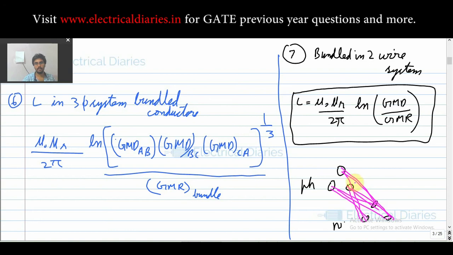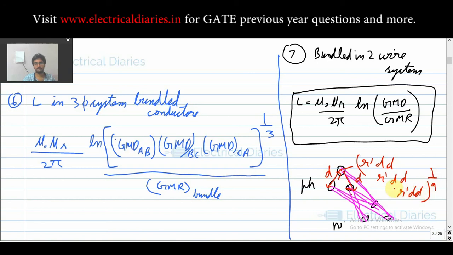And how will you calculate GMR? Just take this conductor, so it will be your R dash, then take this distance, let me say this is D, then take this distance, it is D: R dash D. This is for this conductor, then again take this conductor, again R dash D, again R dash D. And what is the power? 1 upon m square. M is 3 here, so 1 upon 9.